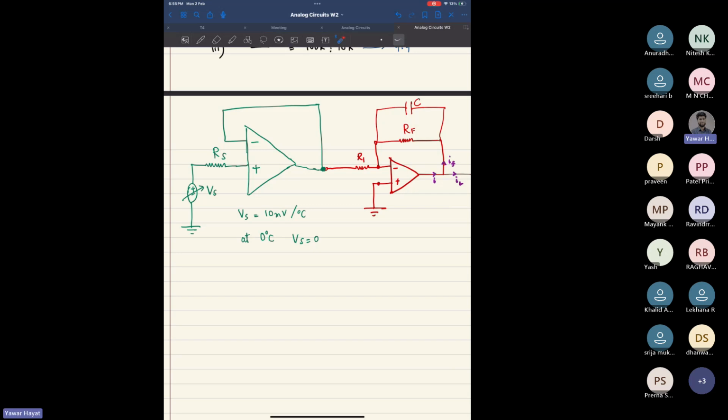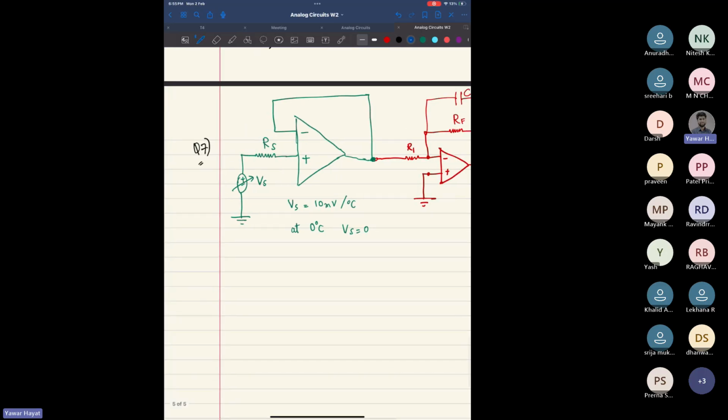So the gain won't depend upon RS, right? So since the question was to find the value of the RS for which the DC gain of the circuit would be maximum, I'll answer that your gain is independent of RS. Is this clear? Done.